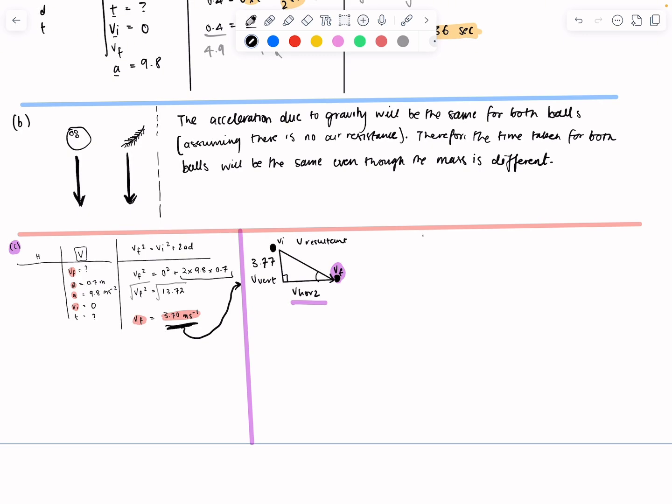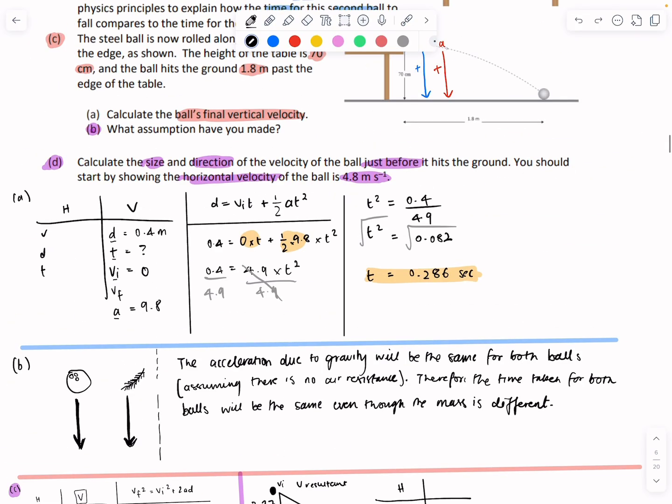Well, remember, in our table, when we're dealing with the horizontal, the equation that is only applicable in this section is V equals d over t. This is the equation for constant velocity, and we know that the horizontal component is always going to be constant. So, to figure out V horizontal, we need distance and we need the time, okay? So we know the distance. Let's have a look at the question.